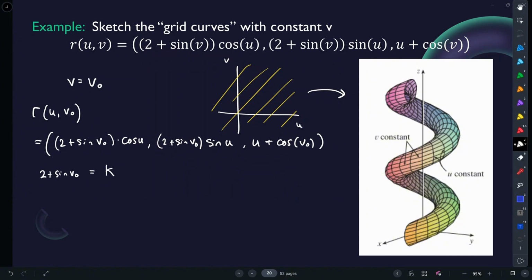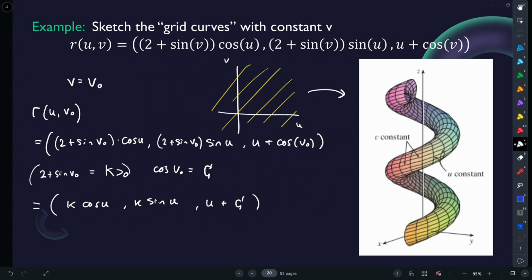Let's call it k. Then what I have above is just k cosine u, k sine u. By the way, the sine is between -1 and 1, so k is positive. We don't want circles of negative radius, right? So k is positive here. K cosine u, k sine u, and u plus cosine of v naught is some other constant. Let's call it c.